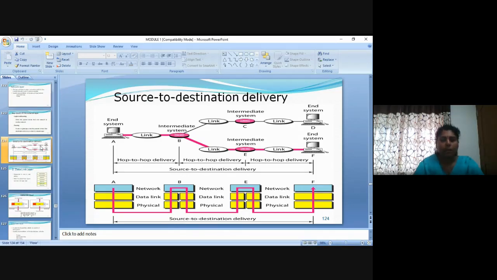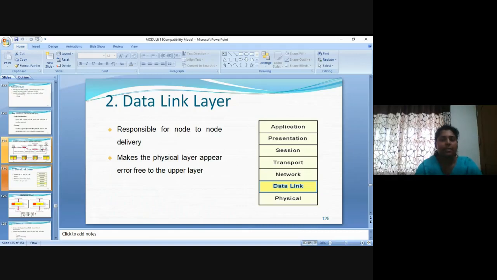Now the next layer is called the data link layer. The data link layer receives the packet from the network layer. Now, what does this data packet contain?